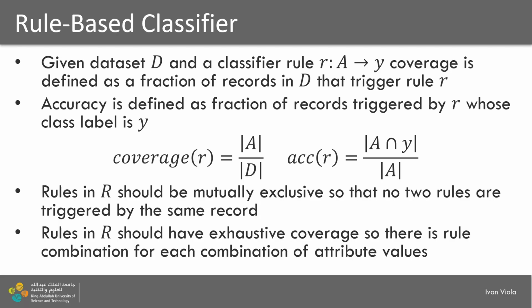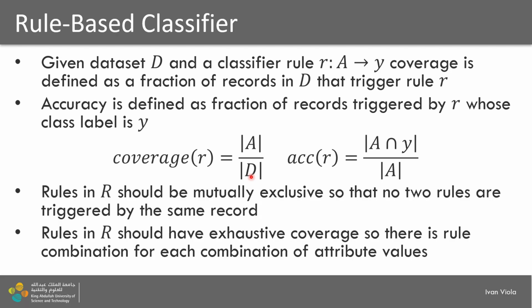So if we have a training data set D, and a classifier is based on a rule R, where we have a condition A and the class Y, the coverage is defined as a fraction of records in D that trigger rule R. So coverage is how many of the records are being covered by this rule R. So we can see the number of elements in this data set which fulfill this condition divided by the total number of data.